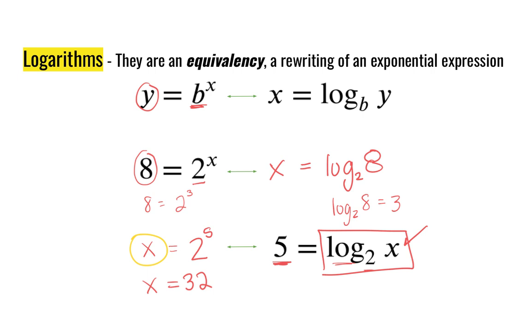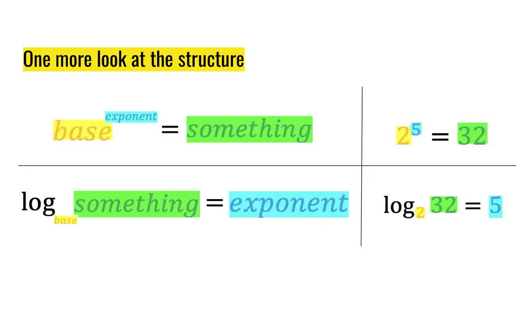So now I can solve that equation, whereas on the right I was stuck. So going back and forth between exponential expressions and logarithmic expressions allows us to more easily isolate a variable in order to solve an equation.